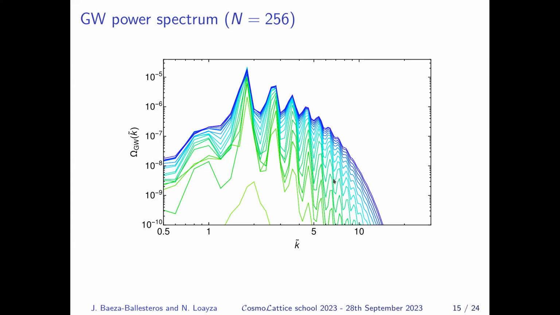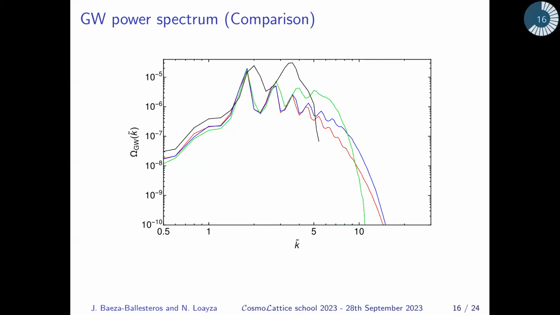And what you can see is that as you improve the ultraviolet resolution, you capture better the scales in your simulation, and so you improve the results of your simulations. And here, for example, what we are representing is the last spectrum measured in the previous simulations.